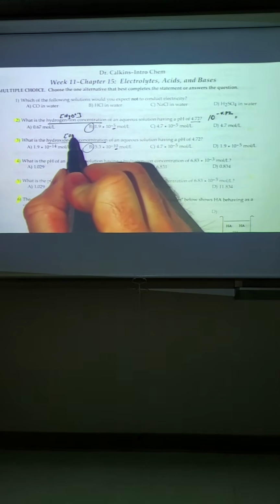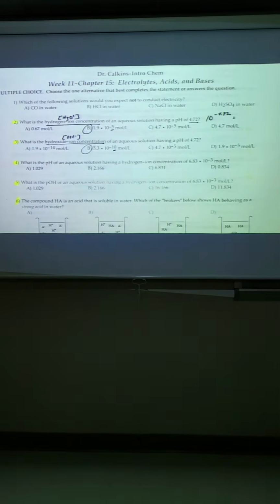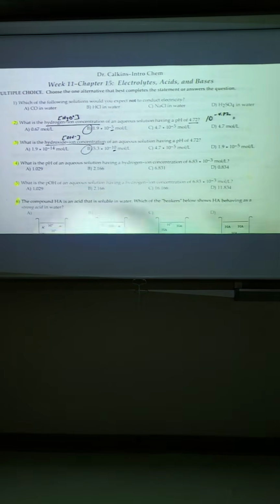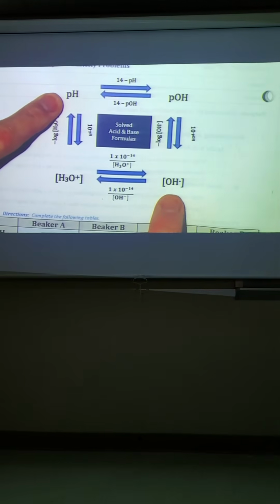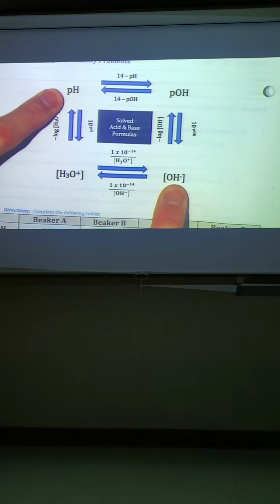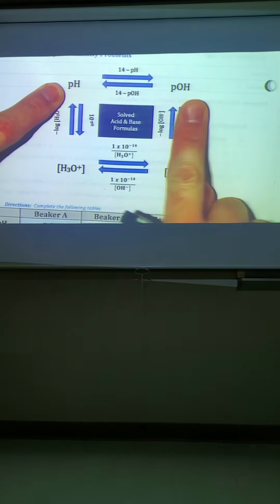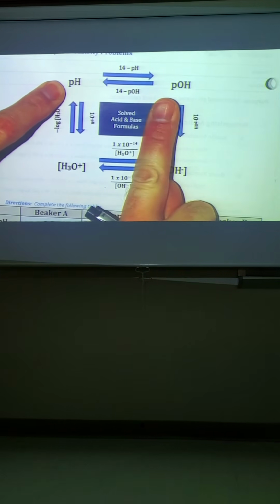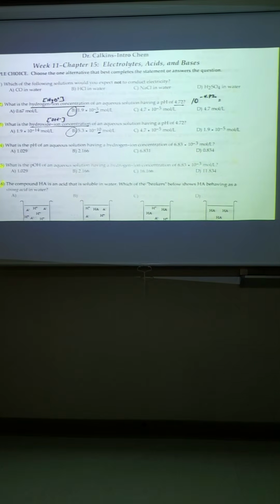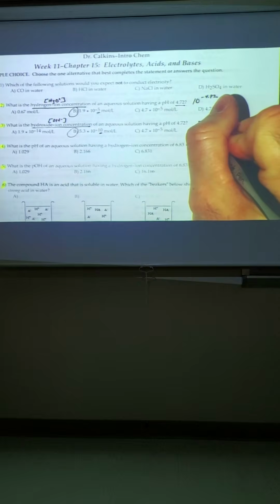So hydroxide concentration is OH negative, so let's find that on the chart. pH is here, hydroxide ion concentration is there. So it'd be easiest to subtract 14 first, get the pOH, and then do exactly what we just did, drop down 10 to the negative pOH. So let's do that. We get 14 subtract 4.72.